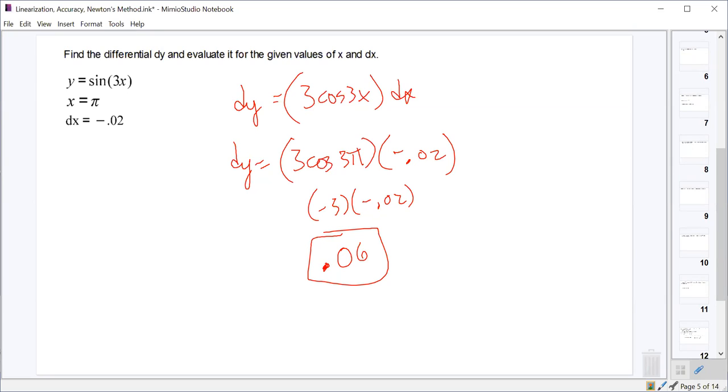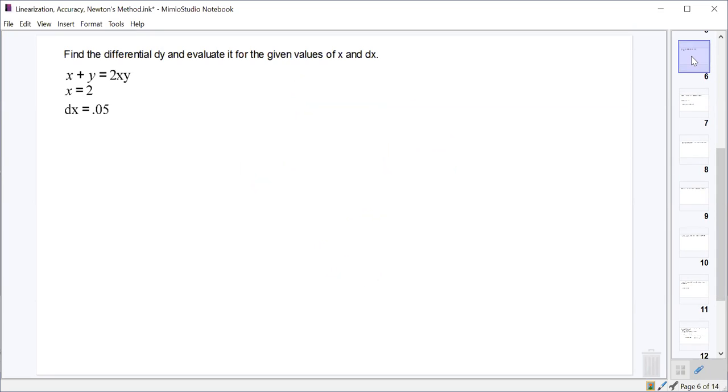Good. All right. We can even do this with implicitly defined equations. So now we just end up with dx plus dy equals, and then this will be using the product rule, 2x dy plus 2y dx.